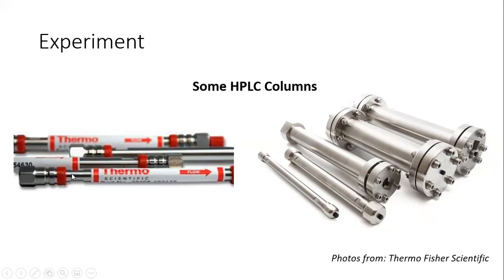Tapos, important sa HPLC na tama yung connection ng column from the injector port, pati doon sa pump, then going to the detector. Okay, kasi masisira yung column nyo kapag mali yung flow ng mobile phase sa loob. Okay, kaya merong arrow. Okay, so that indicates the flow of the mobile phase, going from the pump and the injector port, going to your detector. Okay.